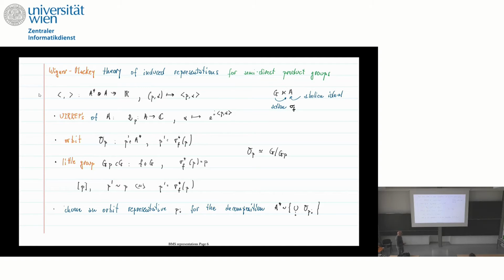So instead of, say, R3, you foliate R3 by spheres, for instance. So that's what you have to do. And then you choose a representative for each of these orbits. That's what you are instructed to do.